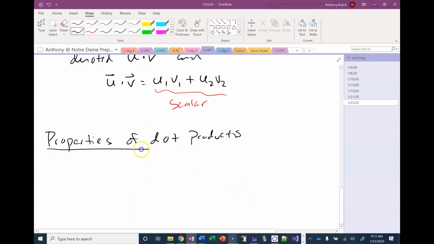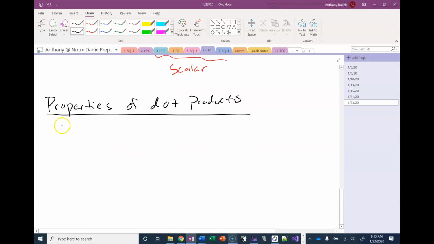So let's look at some properties of the dot product. Here I'm going to use u, v, and w as vectors, and I'm going to use k just to be a scalar.